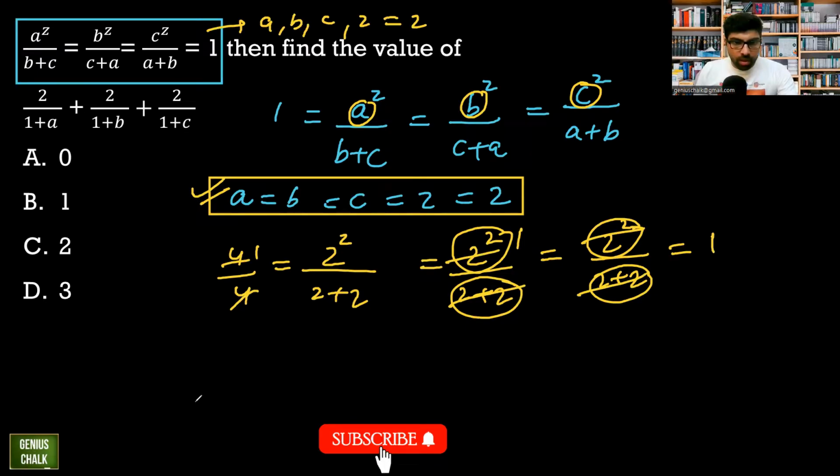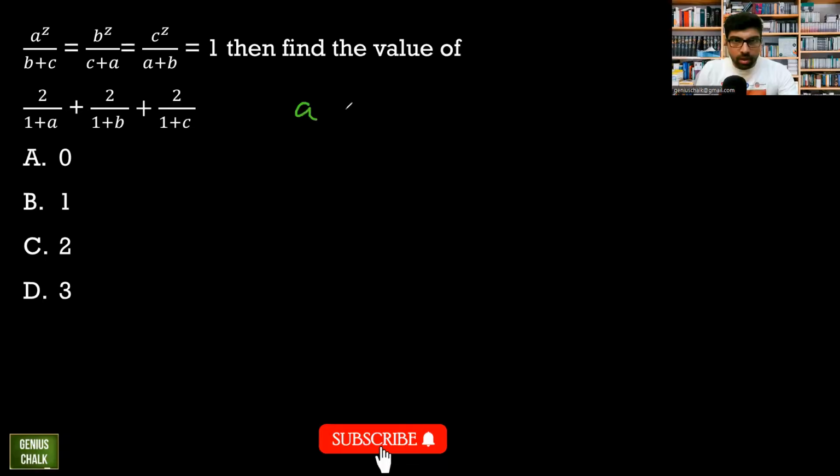That is why we have to put this equation in the given question as well. So this must satisfy this given equation as well. So just put it now: a, b, c and z all equal to 2. This will satisfy this as well.